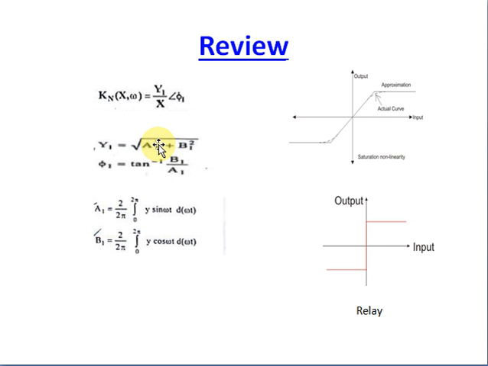The coefficients a1 and b1 can be found out by using the equation a1 equals 2 by 2 pi into integral 0 to 2 pi y sin omega t d omega t, and b1 equals 2 by 2 pi into integral 0 to 2 pi y cos omega t d omega t. This describing function can be represented as Kn of x, omega or Kn.